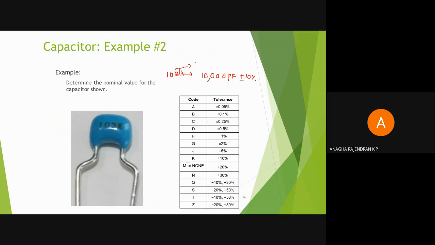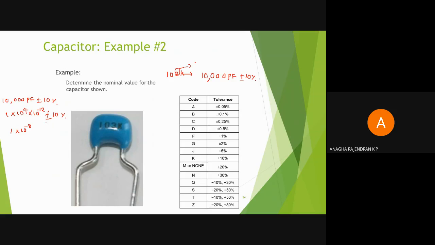Then if we want to convert this into the microfarad range, let's look. 10000 picofarad plus or minus 10%. This is the value. While converting this, 1 into 10 raised to 4 into 10 raised to minus 12, plus or minus 10%. Again rearranging, 1 into 10 raised to 4 into 10 raised to minus 12 is 10 raised to minus 8.